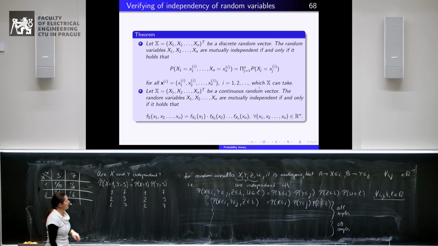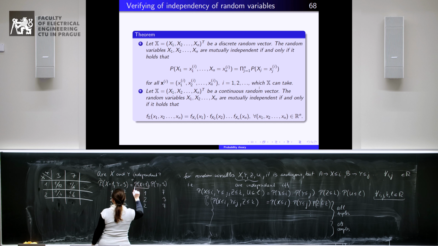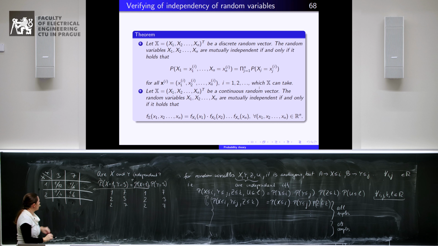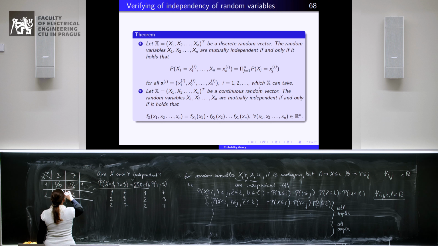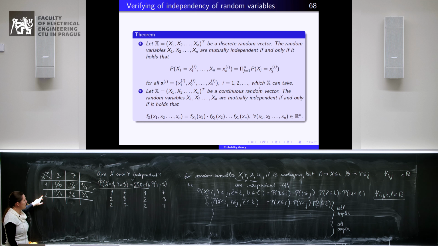So the marginal probability that x is equal to 1 is the sum of these two probabilities, which are 1/12 plus 1/6 is 3/12, so it is 1/4. 3/4 is the probability that x is equal to 2. 1/3 is the probability that y is equal to 3. And 2/3 is the probability that y is equal to 7.